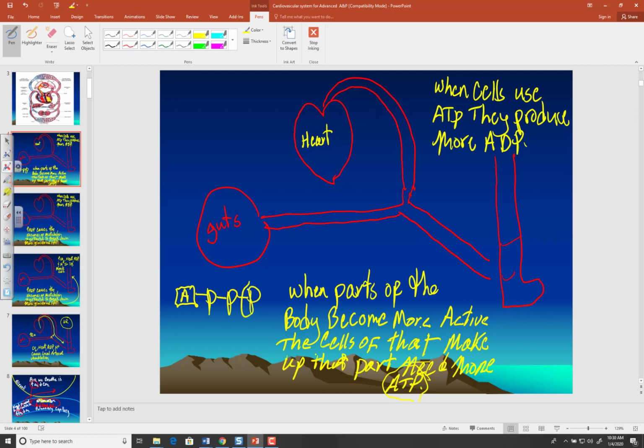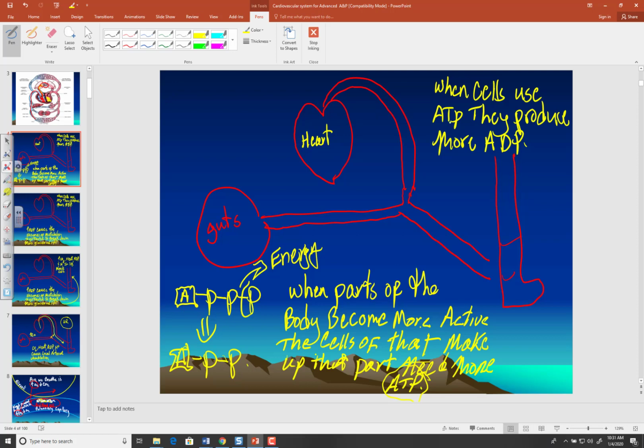It breaks off that third phosphate to release the energy and heat, right? And what's left over is ADP. So if you want to continue to contract your muscles, you got to pop on that third phosphate to ADP. So that means you have to speed up metabolism.